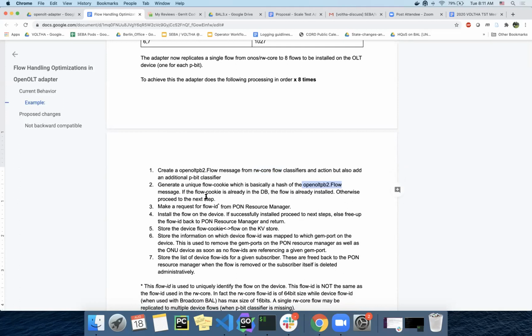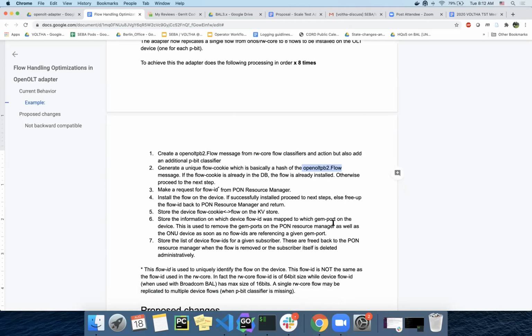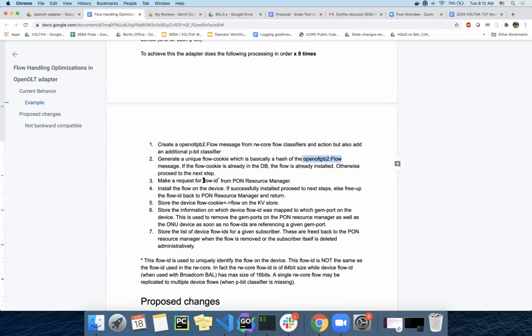So you first look up this flow cookie in the database, and if you find it, you assume that this flow is already installed on the device, so there is nothing to do, just return. Otherwise, you proceed to the next steps. The first thing you do is request a flow ID. This flow ID is not the flow ID that is coming from the read-write core flow message.